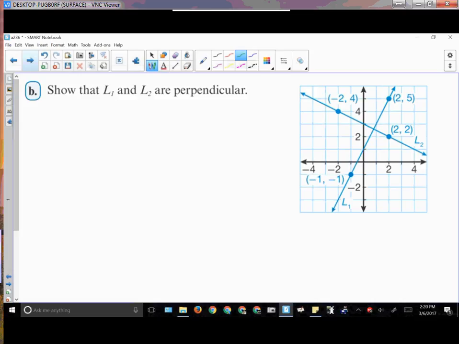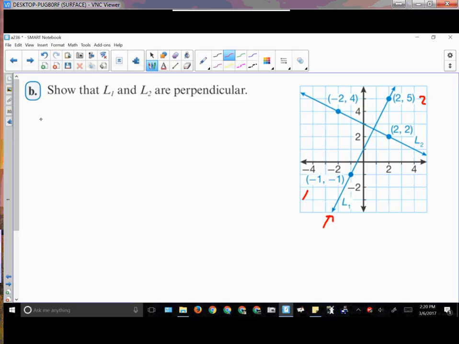Okay, so rather than going and counting it up, let's go and take care of this one by the coordinates. So let's start off here with this line. Call this my first point, call that my second point.